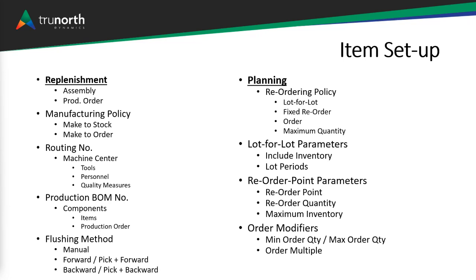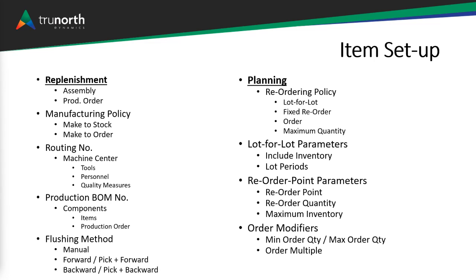And then on the planning side, we need to specify what is my reorder policy: lot for lot, fixed reorder, a sales order derived quantity, or a specified maximum quantity that the system can produce. If you choose lot for lot, you need to include other inventory items and specify the lot periods, that it's going to be 1 day, maybe 1 week, whatever would be appropriate.